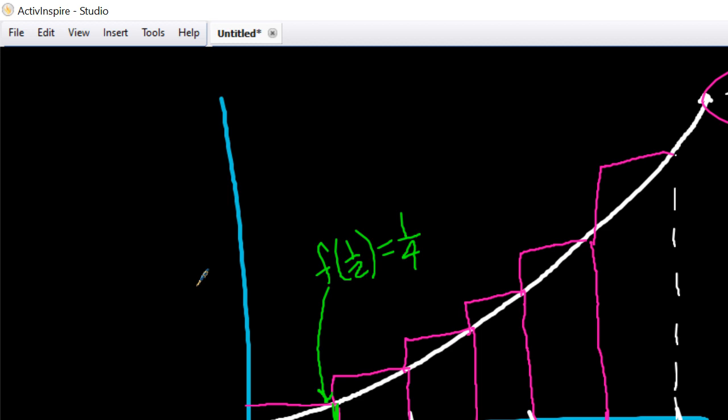So this little rectangle right here, if I were to pull it out, would have a length and width 1/2 by 1/4. Does that make sense to you? Yes. So the area of just this green would be 1/8. Everybody okay on that?